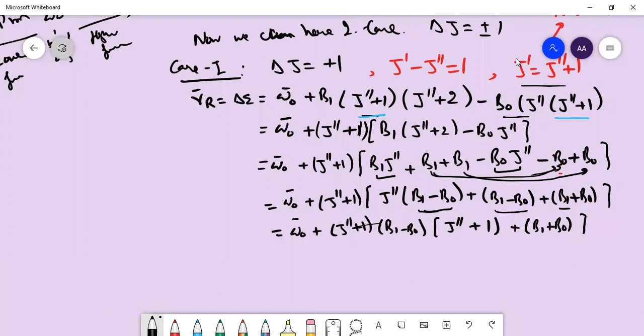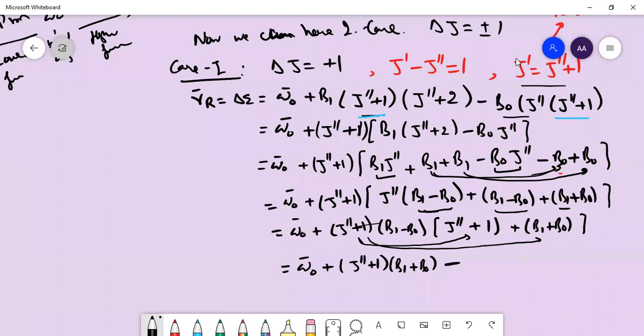Now I will multiply this term, that is J double dash plus 1, with this term. Upon further solving, what will remain here is omega naught bar plus J double dash plus 1, and I will multiply this with the second term, that is B1 plus B0. You can write these terms first or this term first; it will not affect our equation much.